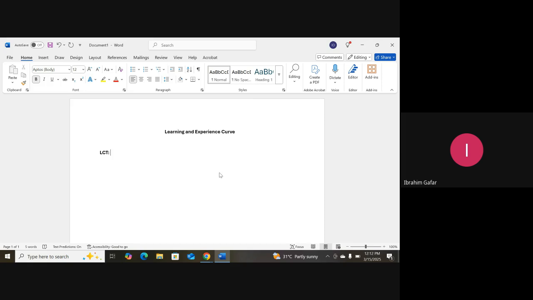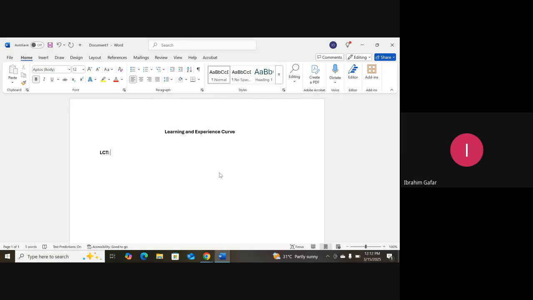What this implies is that the average time taken per unit, for all units produced to date, falls by a constant percentage whenever the cumulative output of a product is doubled. For instance, let's assume we have cumulative output to be 1.